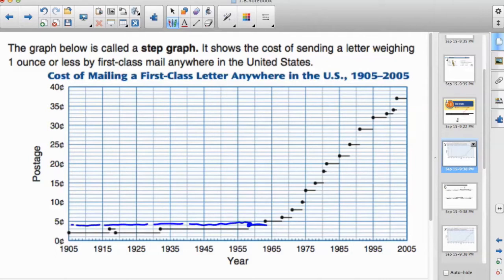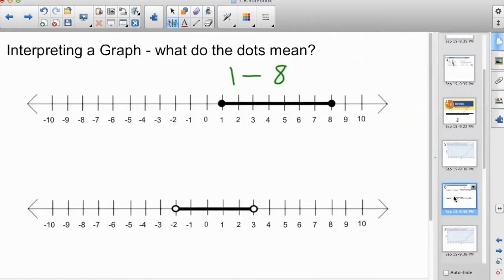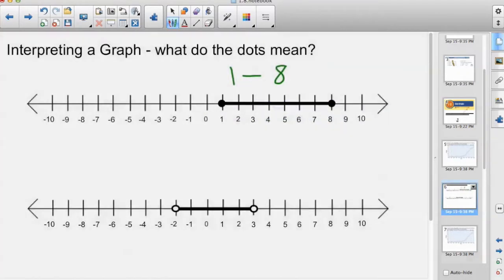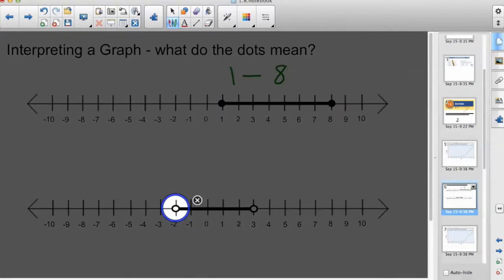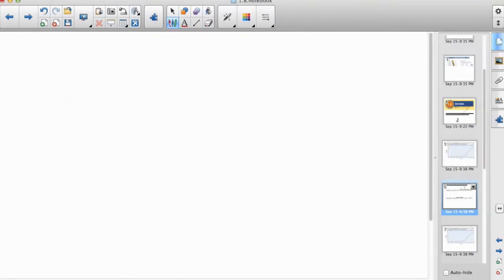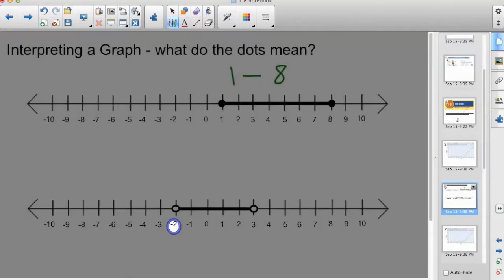Okay, along the vertical axis, to kind of clarify here, this portion of the number line says that we're including 1 and we're including 8. Okay, so we're including 1, including 8. That's a closed line. In math, when we have an open line, for instance, down here, we're saying we're looking at all of the numbers very close to -2, but not actually -2.